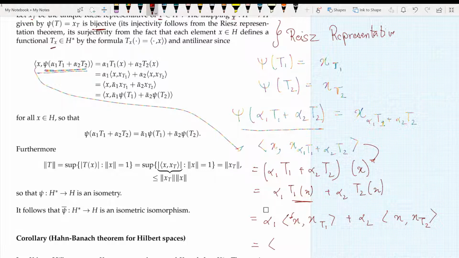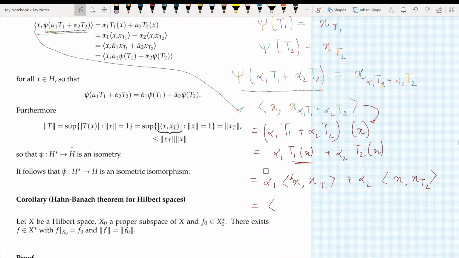Go and check the videos on inner product spaces if you have forgotten the concept. So x times alpha 1 bar times x t1 plus alpha 2 times, so plus x alpha 2 bar x t2.